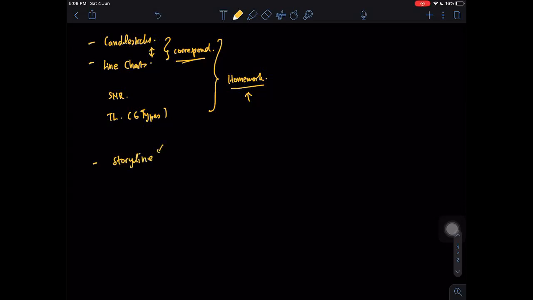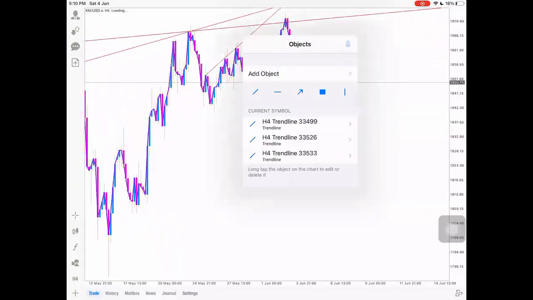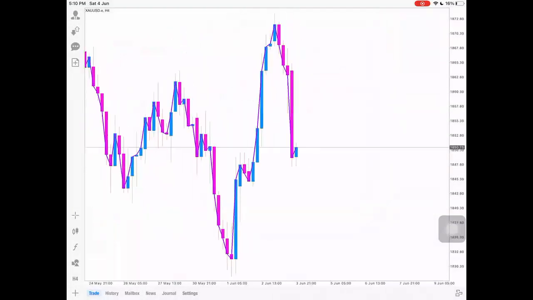So storyline is one of the most important key factors in determining whether to focus on buy or sell. Because as you've seen last week, I missed this buy, I had an exam last week. But I took this one and I took this one.